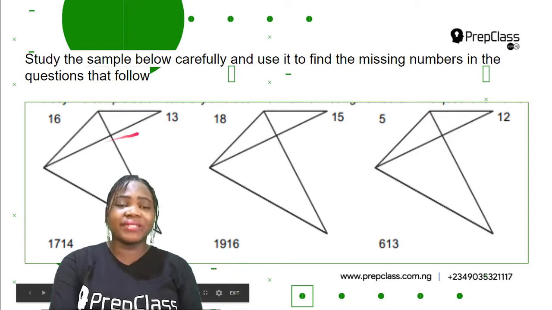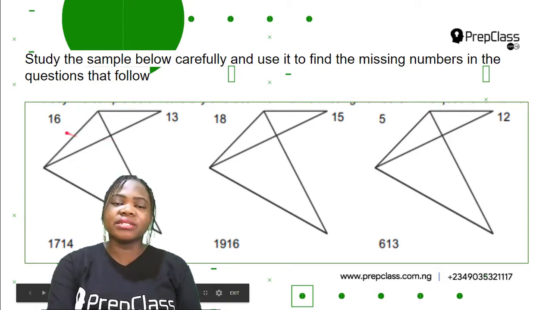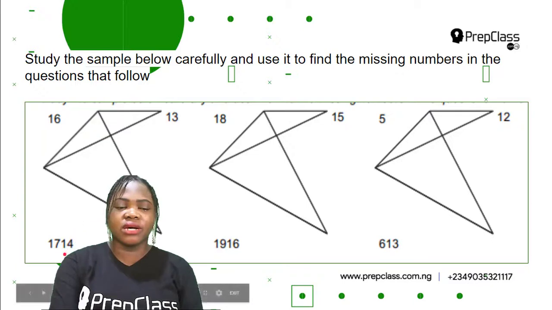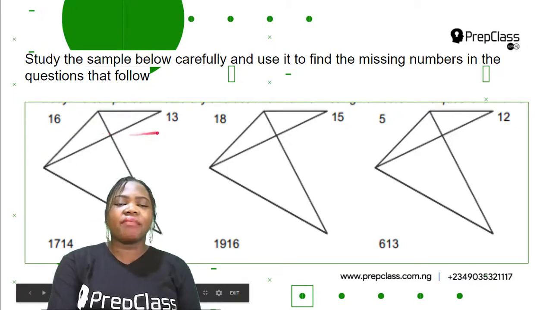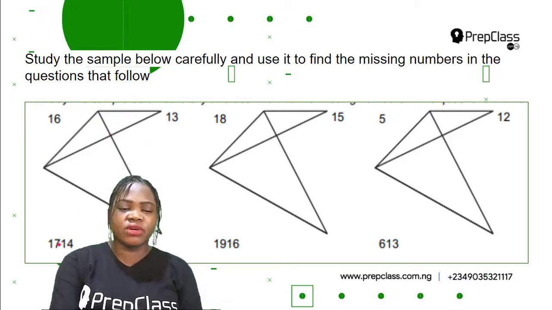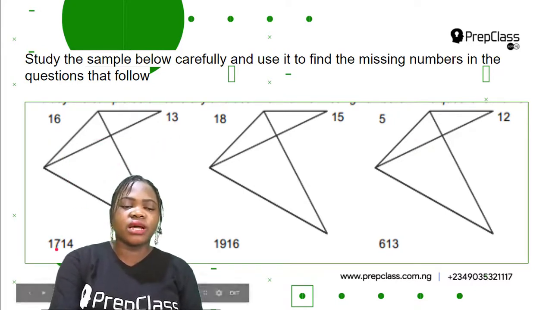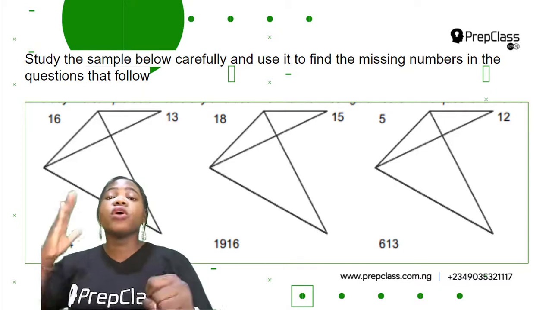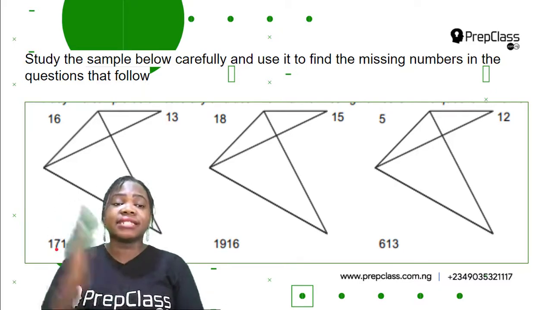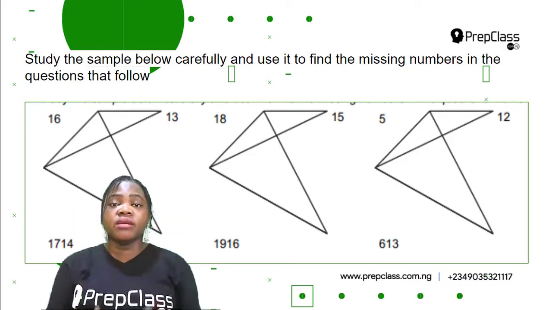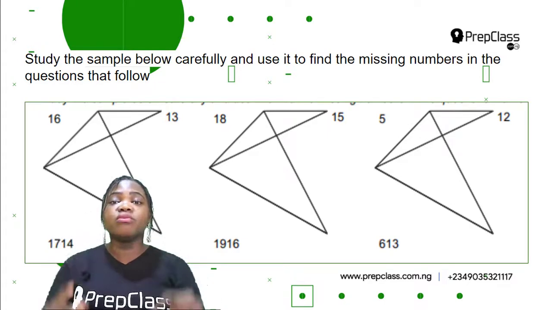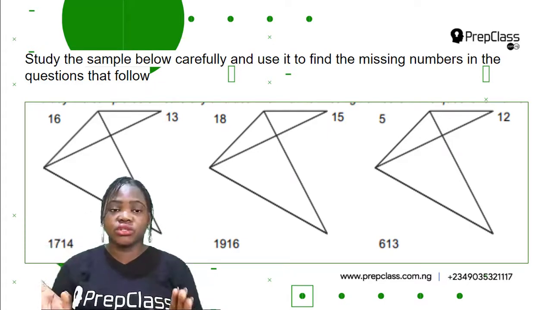Could it be 16 plus 13? 16 plus 13 would not give us 1714. 16 multiplied by 13 would not give us 1714. 16 minus 13 would not give us 1714. So you keep on trying till you get the solution to this problem. This is how you'll be able to solve your questions.